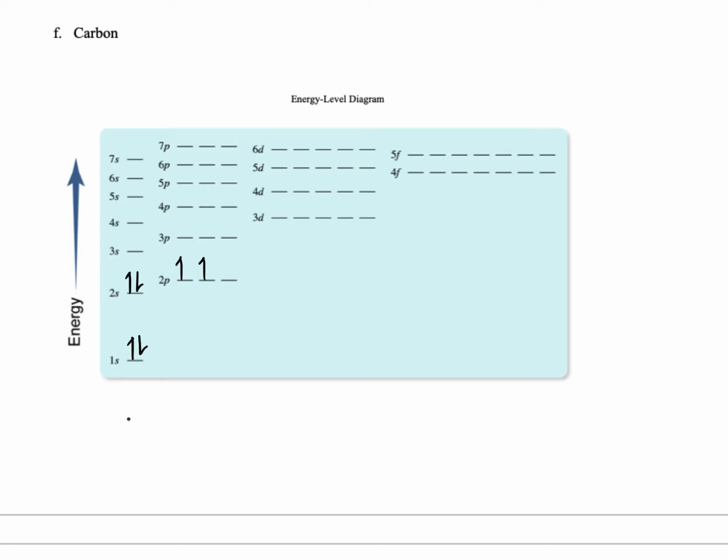So this is going to be, as an electron configuration, 1s2, 2s2, 2p2. Another way of writing it, though, could be to replace 1s2 with helium, and then with helium's electron configuration, and then just add the next necessary electrons.